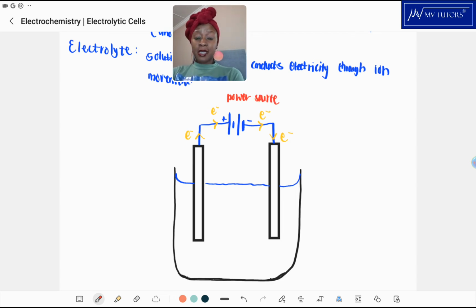The thing about electrolytic cells or electrolysis is that because we require electricity to get the chemical reaction going, it can be quite an expensive procedure. In a country like ours, electricity can be a little bit unstable, especially if ESCOM is the source, so it becomes a bit of a challenge.